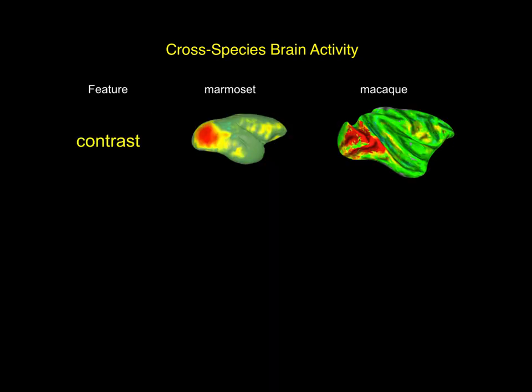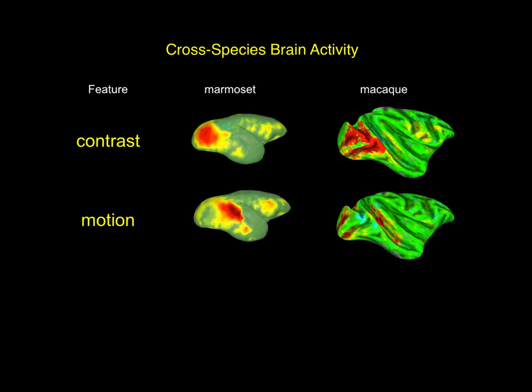And what we can see is that across the two species, the independent components are quite similar for a number of different features. So this is a feature that's correlated with contrast. Both of them are activating early visual cortex. The motion feature, the one that's correlated with motion, is activating MT in both species.